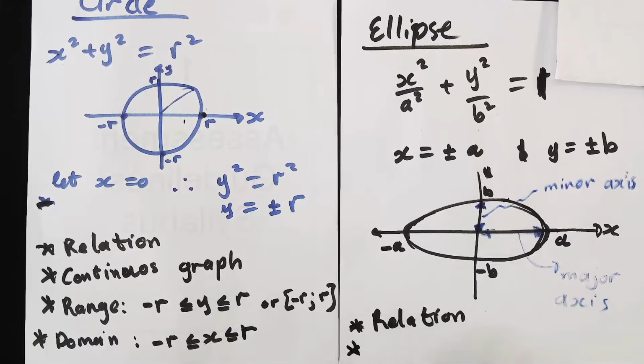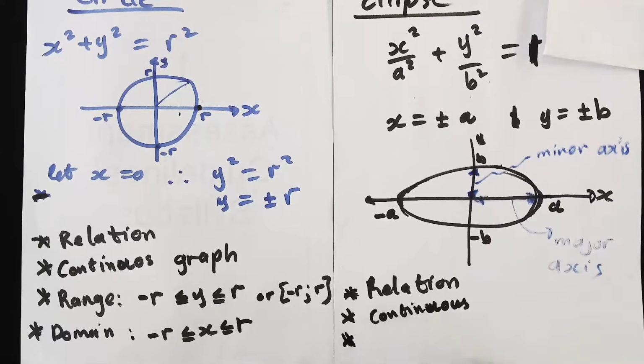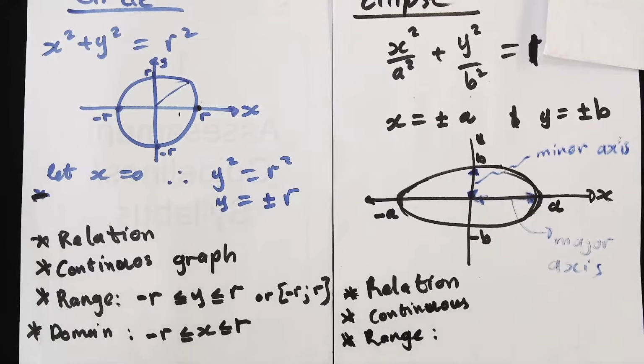And we'll answer the other question, is it a continuous or discontinuous graph? It is continuous. We plotted without lifting up a pen. So it is a continuous graph. Now the other question, the range of this graph.